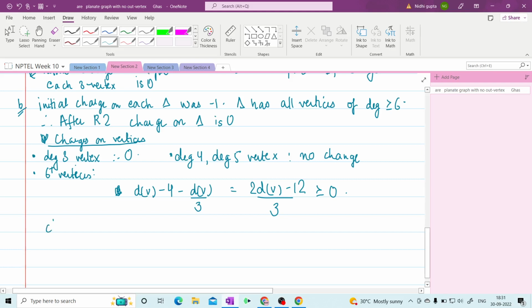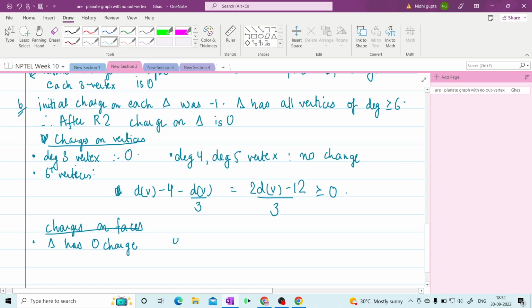Now let's check on the faces. First of all, triangle we have already checked. Triangle has 0 charge.